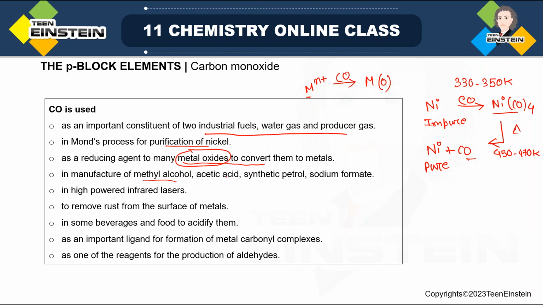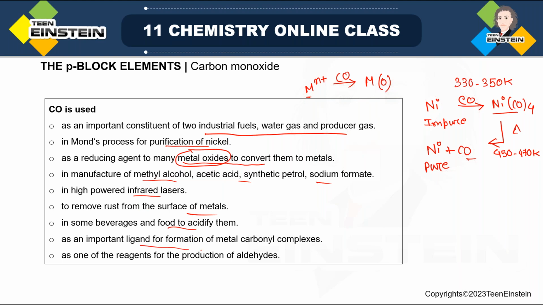Then in manufacture of methyl alcohol, acetic acid, you can see here different organic compounds are there. For the source of group C double bond O, for this group we use carbon monoxide. Then some other applications: infrared laser to remove rust from surface of metals, in some beverages and food to acidify them.